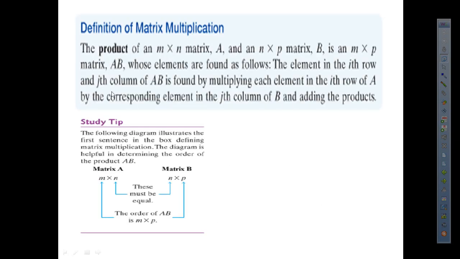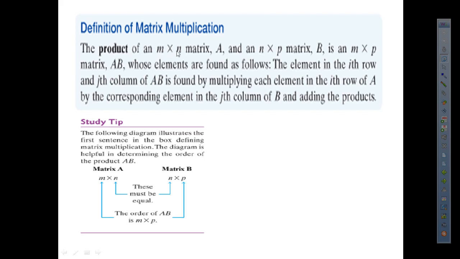All right, so the product of an M by N matrix A and an N by P matrix B is an M by P matrix. So we don't have to have two equal dimension or equal order matrices to multiply. And the thing is, they don't have to be square matrices like we've looked at either.